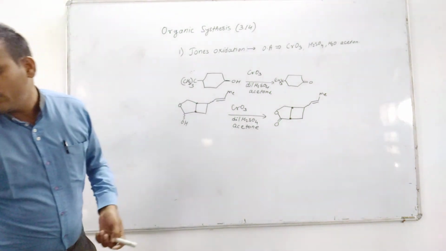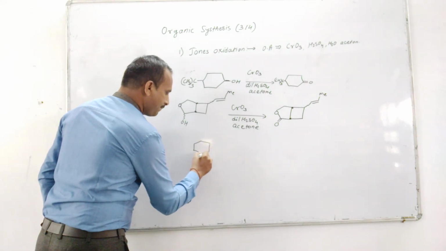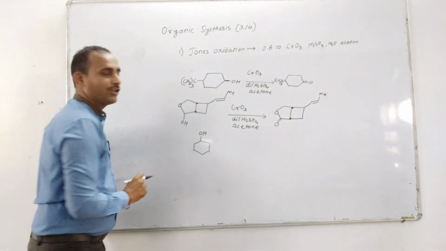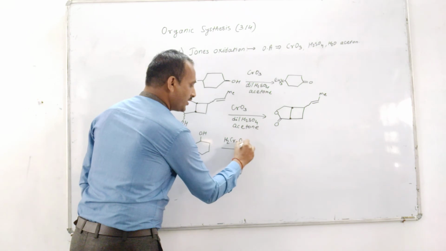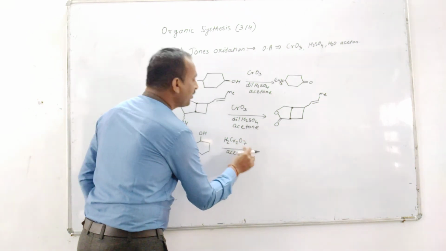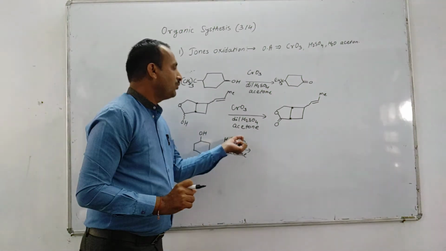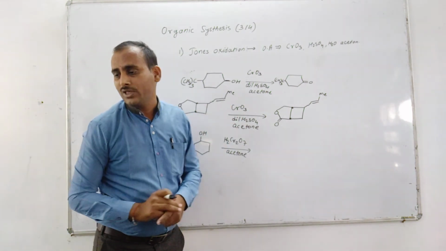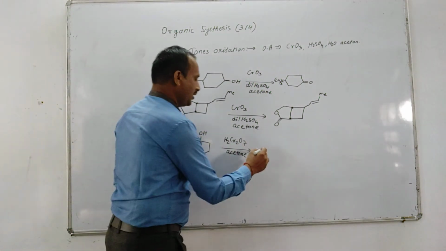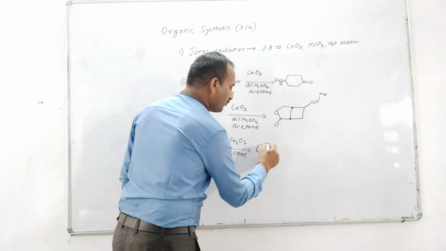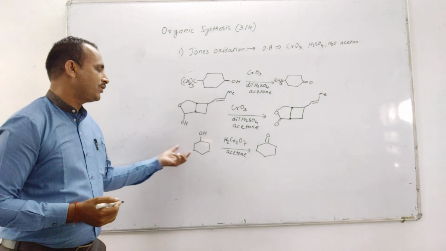Okay, we take one more example. OH, simply cyclohexanol by using H2Cr2O7 and acetone. Instead of giving chromium trioxide and dilute H2SO4, here H2Cr2O7, that is chromic acid, is directly given, and we get the product cyclohexanone.